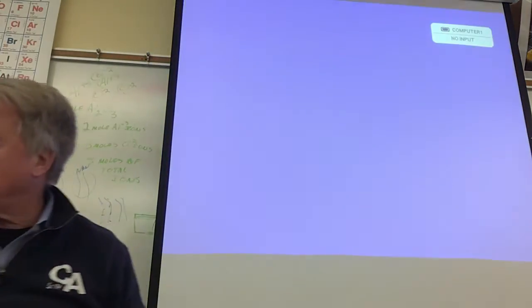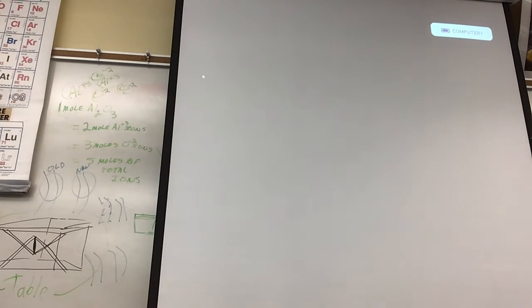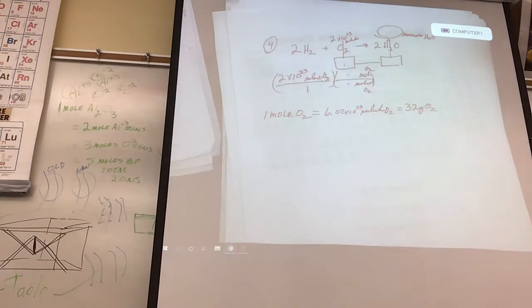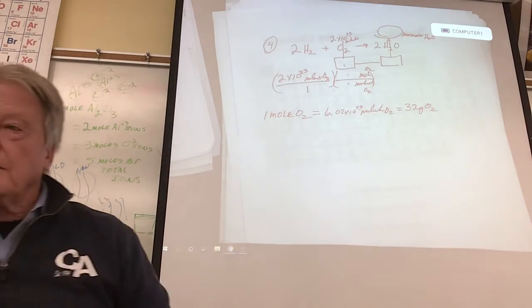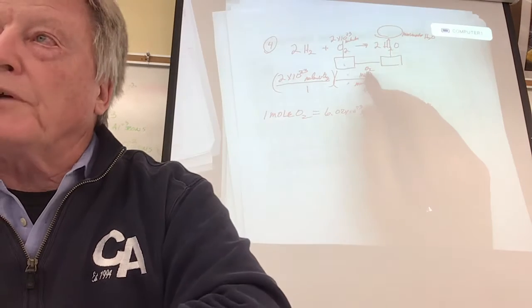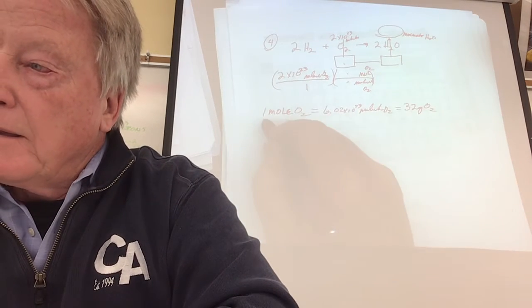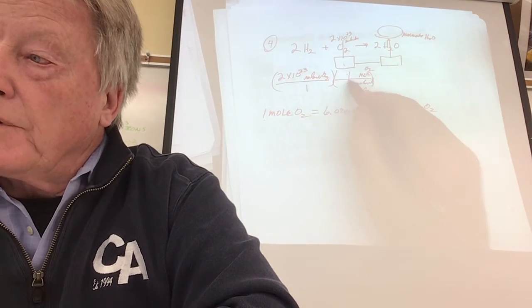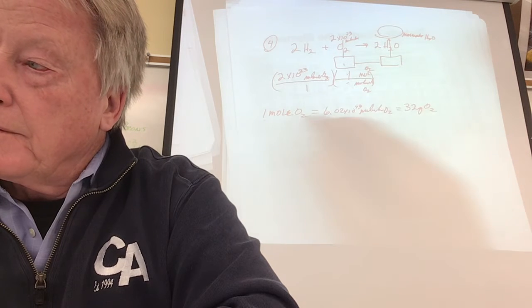All right, now let's plug the numbers in here. What number goes next to moles of oxygen? Okay, look up here. What number goes with moles of O2? 1. What number goes with molecules of O2?